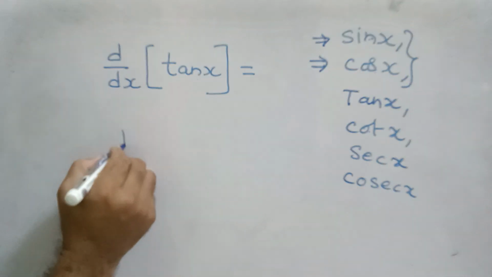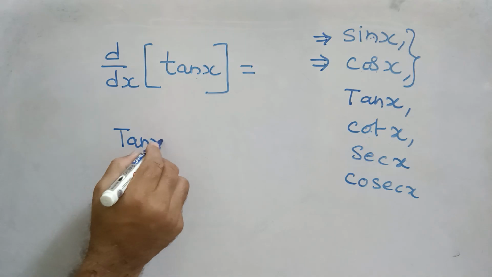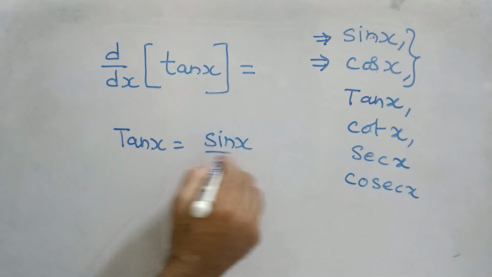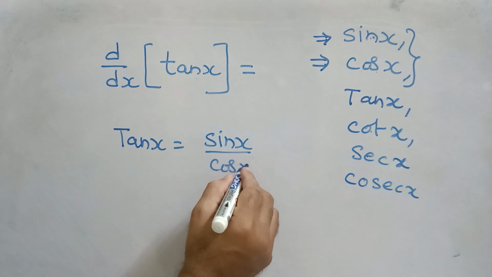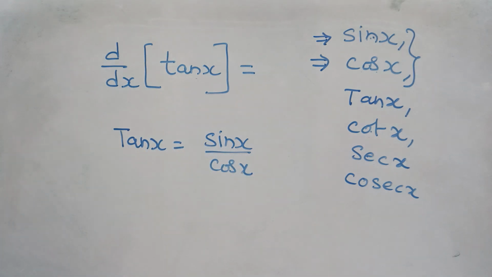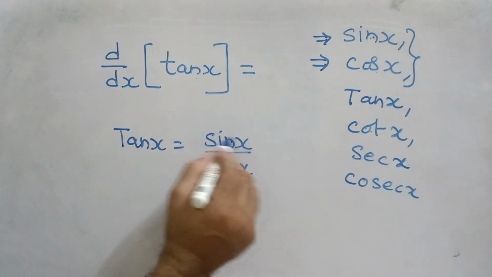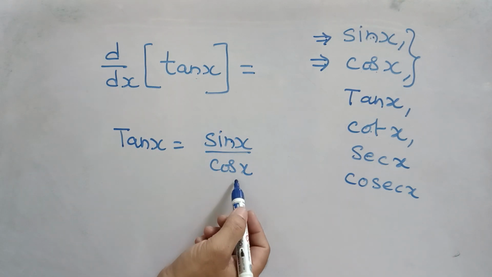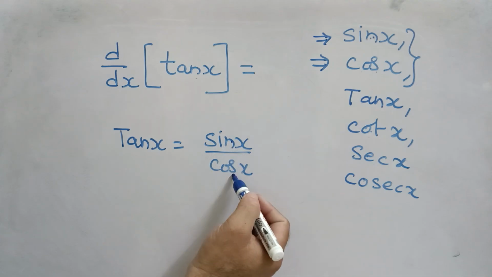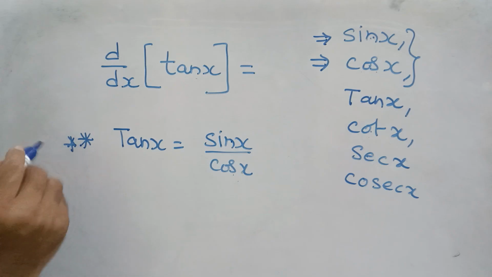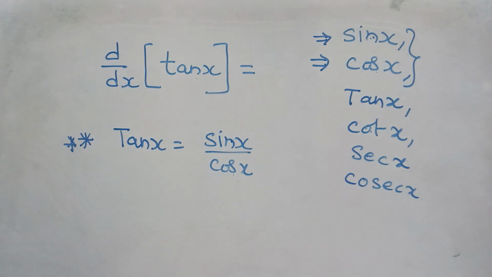That is the definition of tan x. If you know the value of sin x and the value of cos x, do sin x by cos x, and that gives tan x.